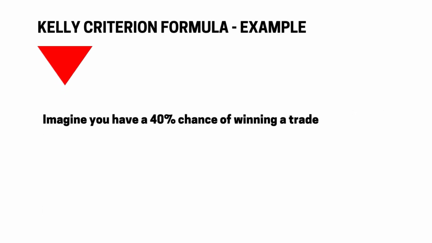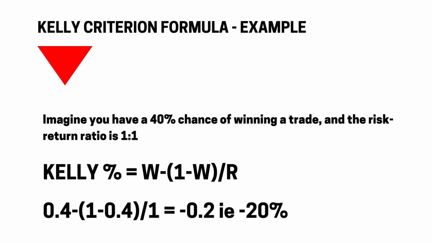So let's think on the defensive side for the moment. You've come up with a strategy, you've back tested it, you've got some numbers under your belt, or maybe you've been live trading it on small amounts to get some history because you can't do a full back test. And it's basically telling you you've got a 40% chance of winning a trade, and the risk return, as you've been finding, is 1 to 1, and we know what that means now.